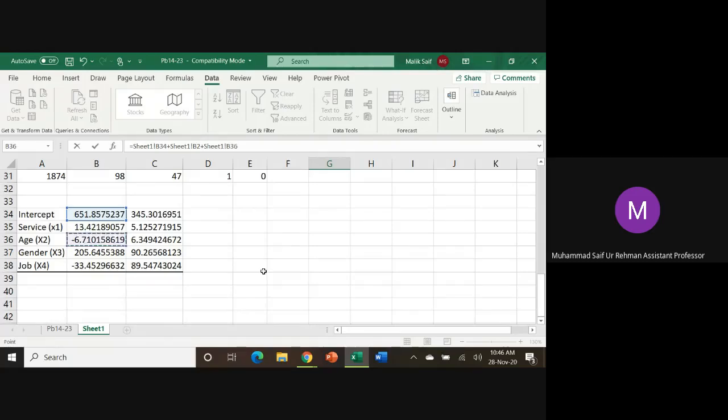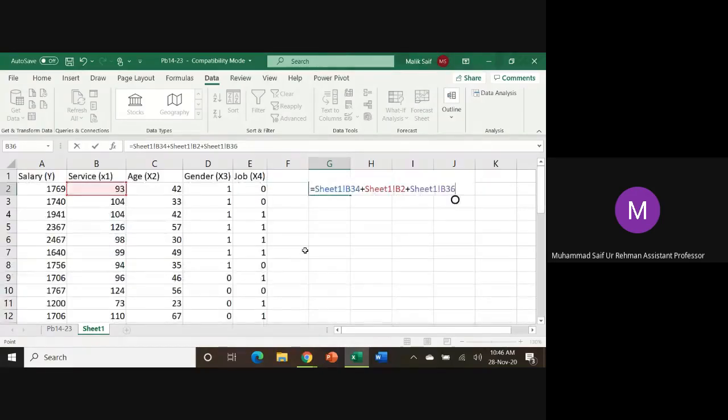This is the exercise you have to do on your notebook. You write down the value for beta 2, and then you come over here.